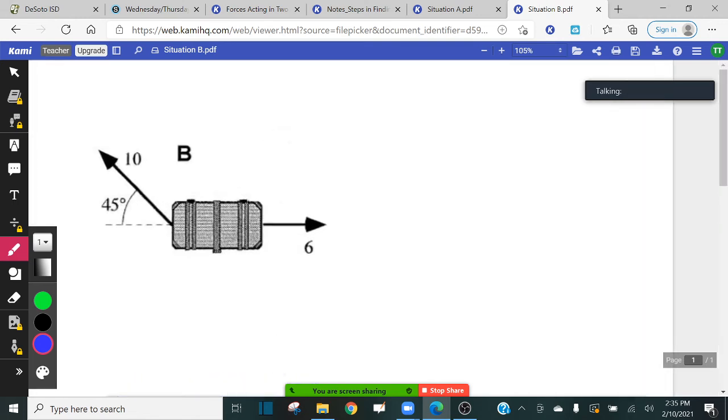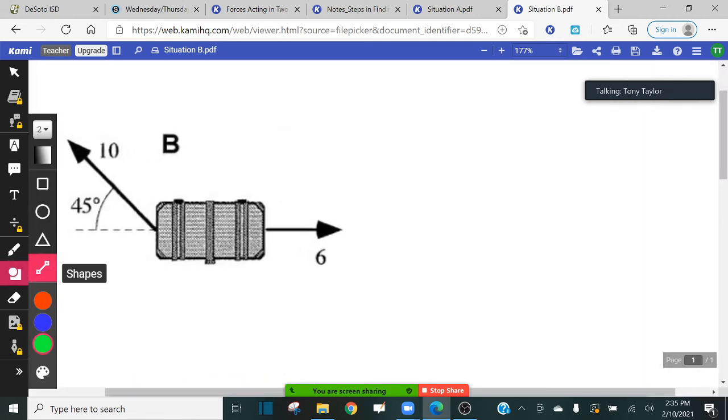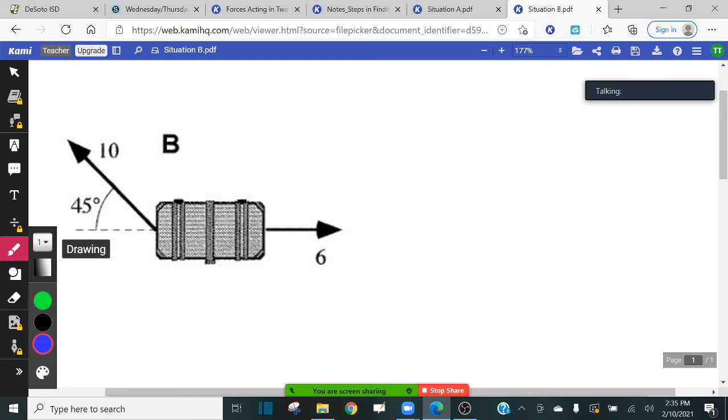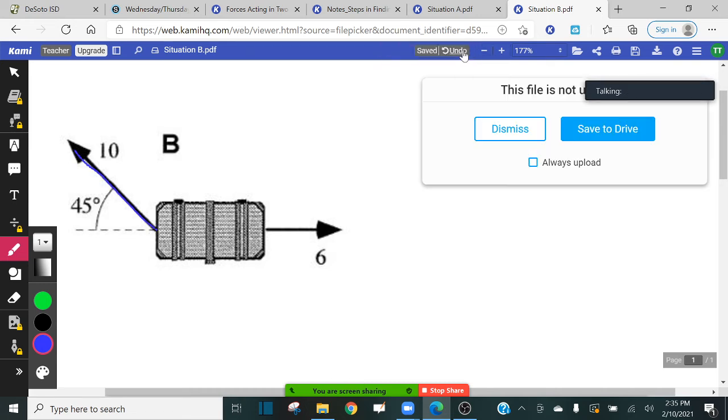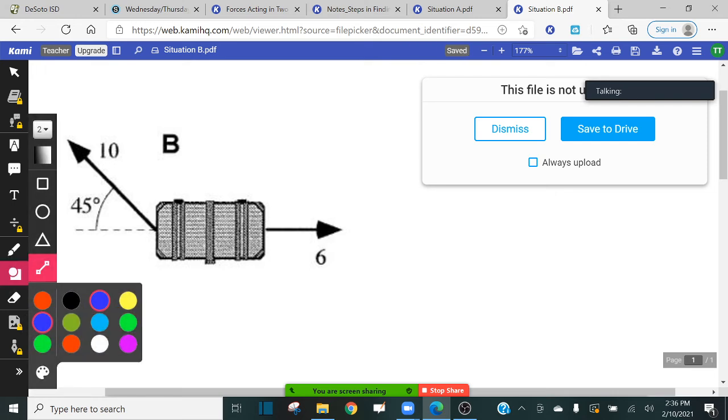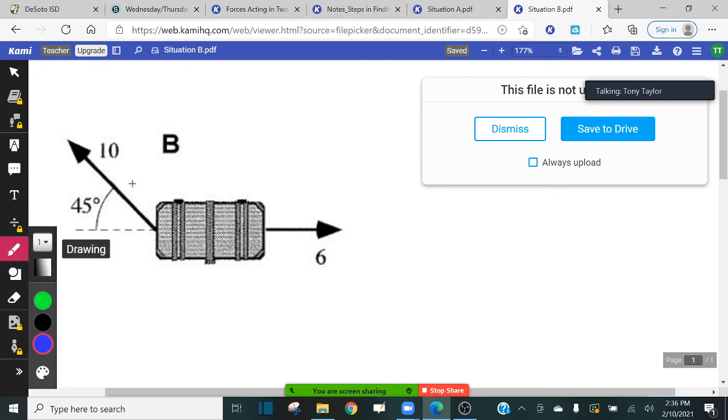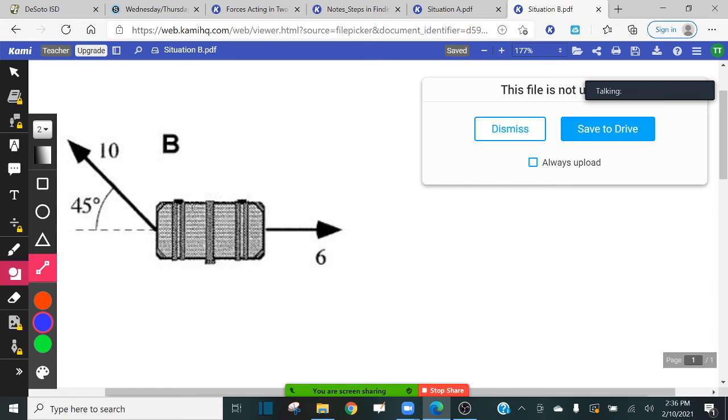Look closely here. For step 1, notice I have a 10 Newton force pulling that way. I'm sorry, guys, I'm trying to write this right. There we go.